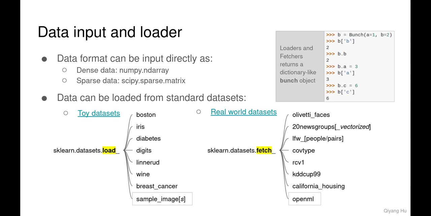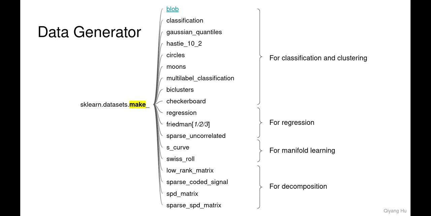In addition to providing existing standard datasets, Scikit-Learn provides mechanisms to generate artificial data for testing or learning purposes. You may simply use sklearn.datasets.make_ with blobs, classification, gaussian_quantiles, moons, and all the different names, depending on the type of data that you want to form.